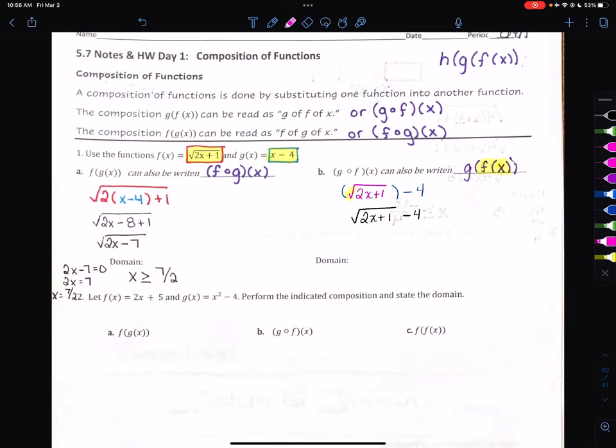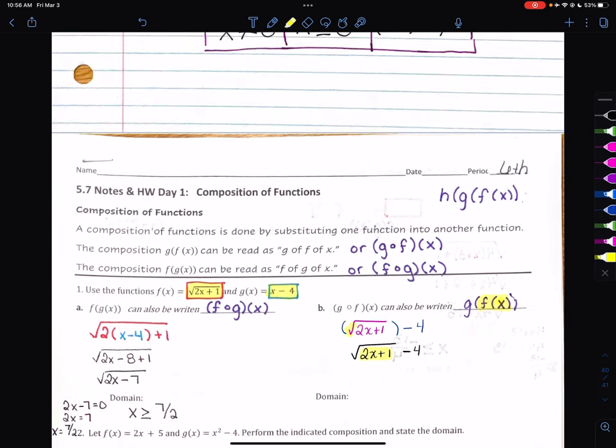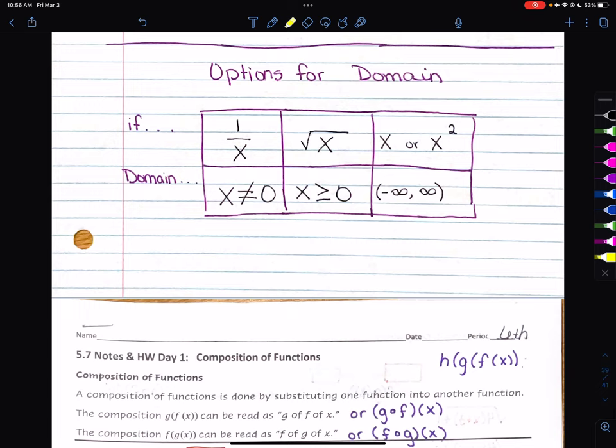Now, to find the domain, we're going to take the radicand, and we need to look back at our table that we created in class. And we said, is 2x plus 1 in the denominator? No, it's not. So we're not going to worry about setting the denominator equal to 0.